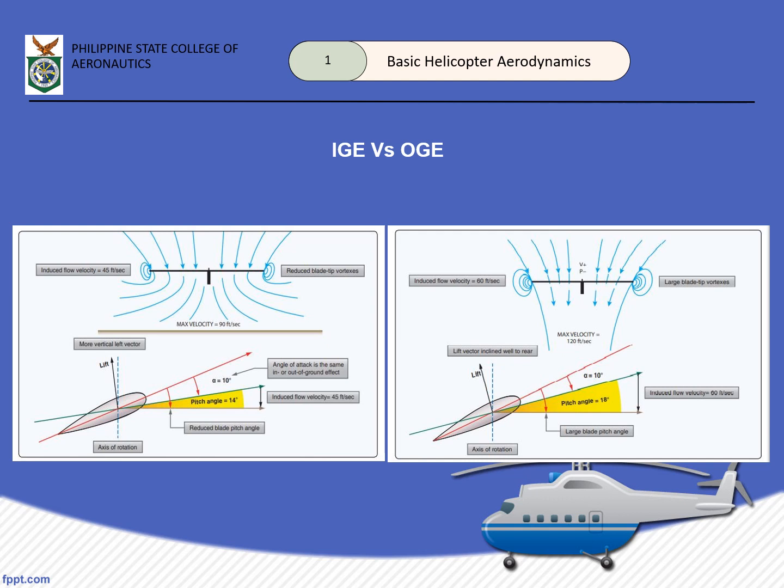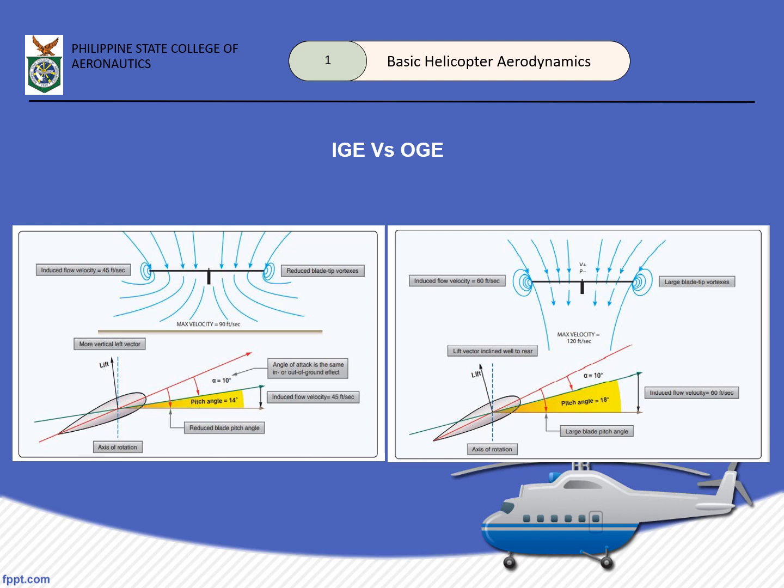Now, when can we say na out-of-ground effect na tayo? So, of course, when our hover distance from the ground is lesser than our rotor diameter. So, induced flow velocity is increased, resulting in a decrease naman in our angle of attack and basically decrease ng ating lift as you may see dun sa photo.